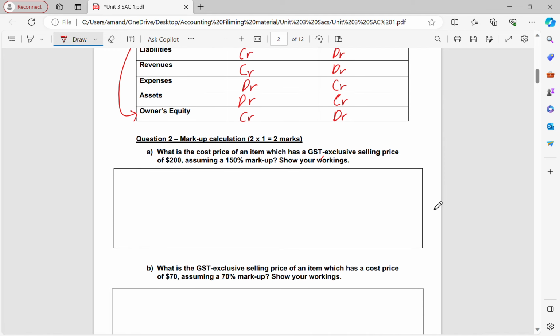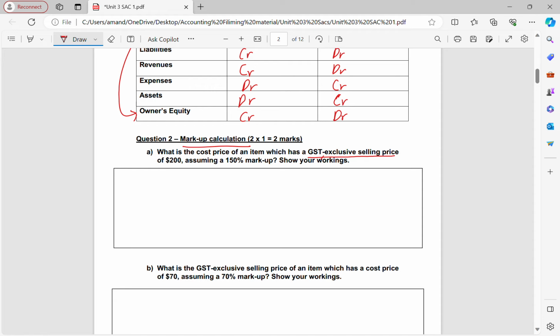What is the cost price? Okay, markup calculations first. I should first read that part. What is the cost price of an item which has a GST exclusive selling price of $200, assuming a 150% markup? Just give me a second to process that.